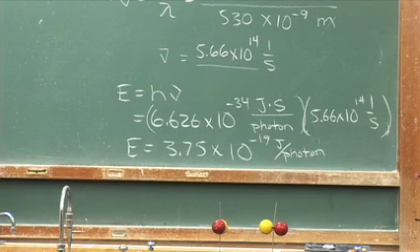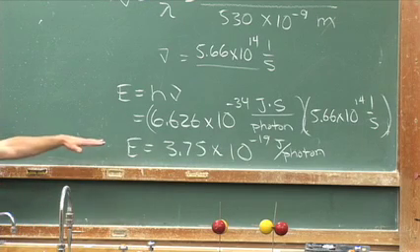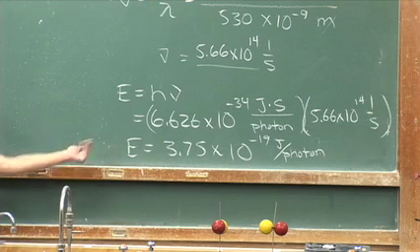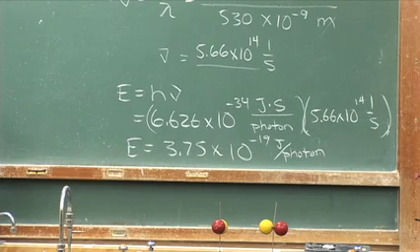If we're interested in calculating how much energy it is for 1 mole of photons, multiply this number by Avogadro's number, 6.022 times 10 to the 23rd. I'll make a little note off to the side.